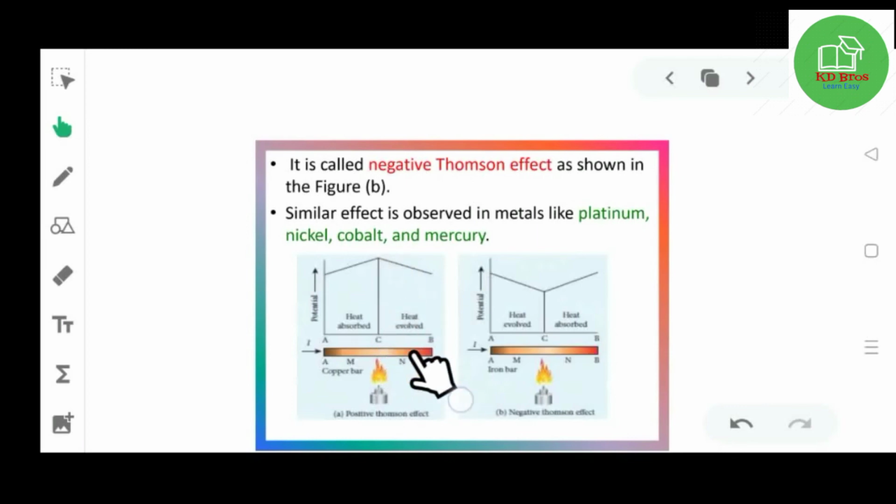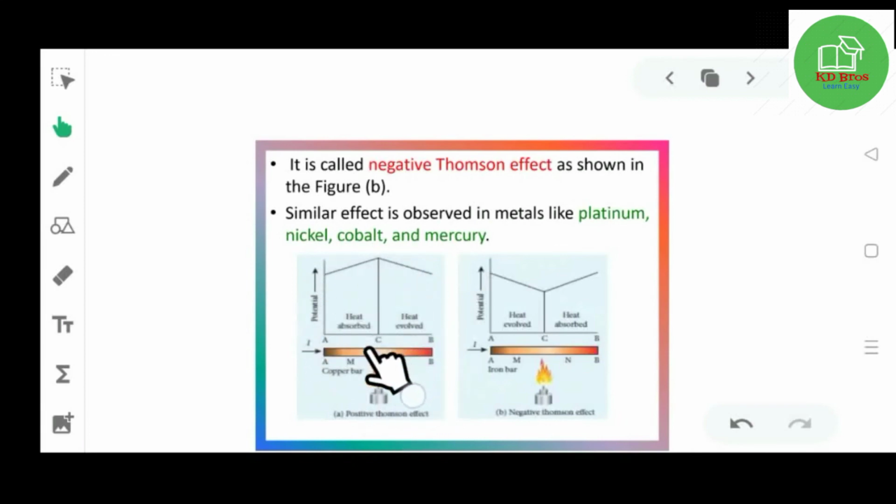Compared to C, B becomes cold. Okay, and because of that heat is evolved along CB, and heat is absorbed along AC.